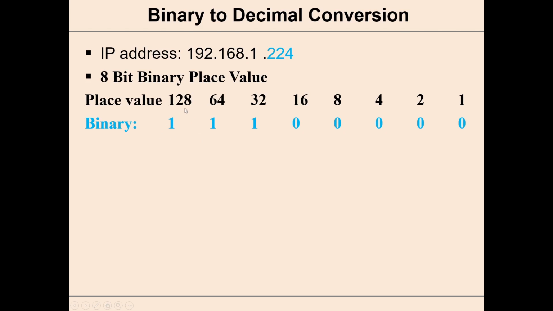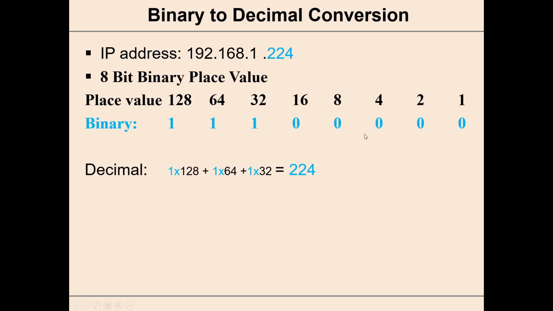Using these place values, we can easily convert this given binary, 11100000, to a decimal. We simply take each binary bit times its place value. Here, the highest binary bit is 1 times its place value 128, plus the next binary 1 times 64, plus the third one, 1 times 32.